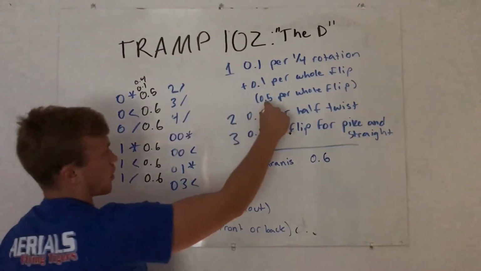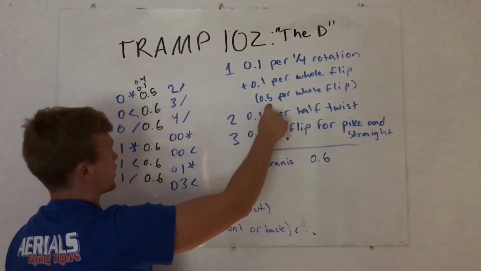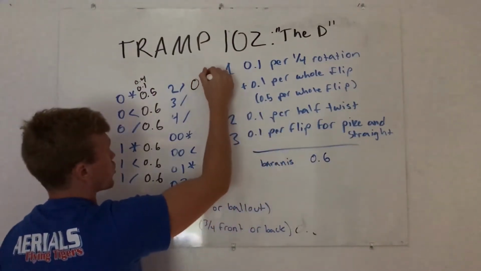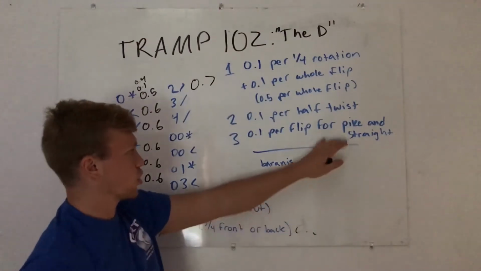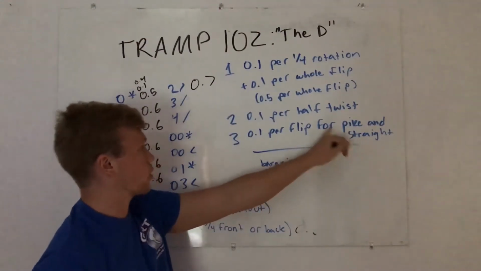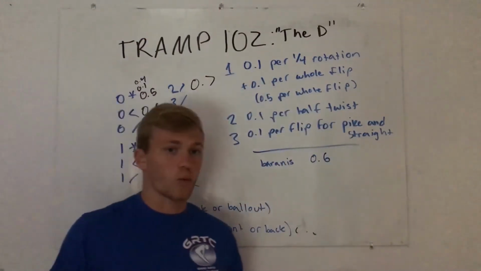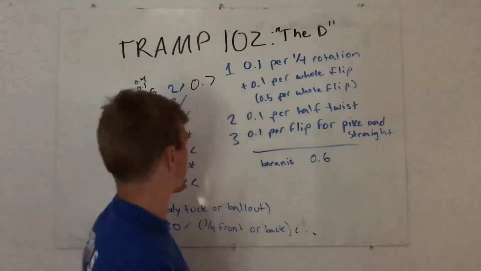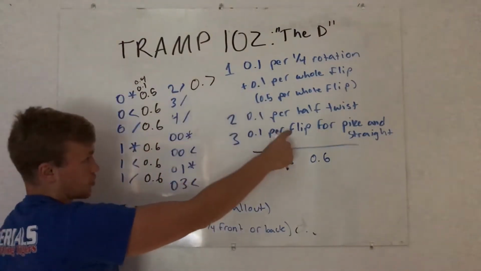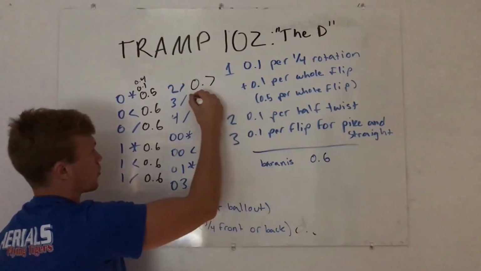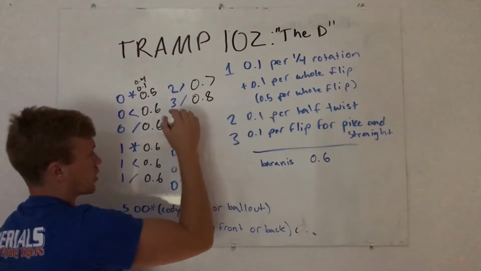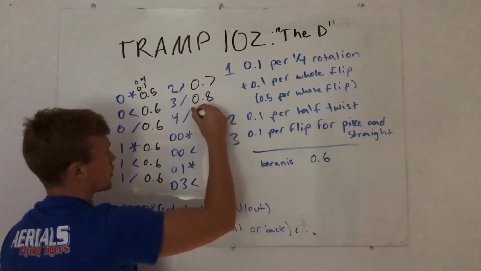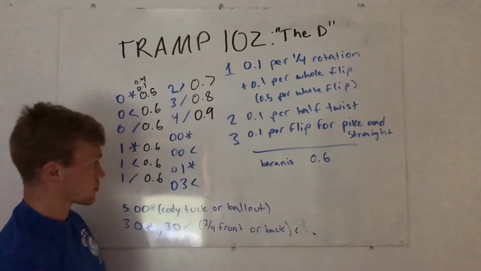It's going to be a half point because it's a whole flip, and 2/10 because there's 2 half twists, 0.7. You don't get a straight bonus for doing the back straight. I don't know why. I can only guess it's because you can't do a back full tuck or a back full pike. Then add another tenth for the half twist, 0.8 on a Rudy, and for a double full add another tenth for the half twist, and you get up to 0.9.